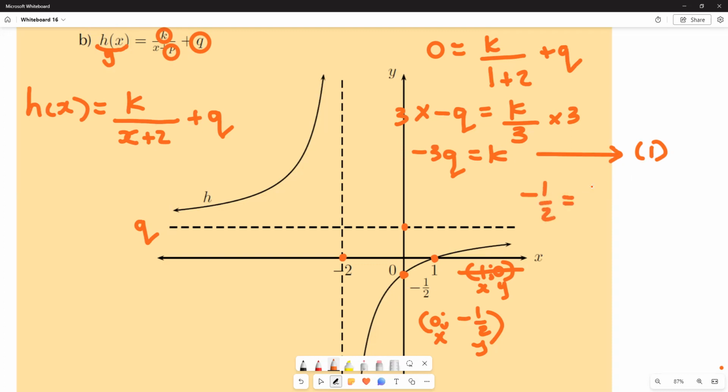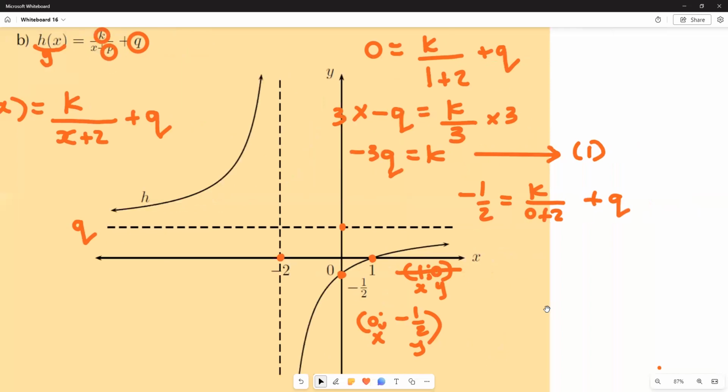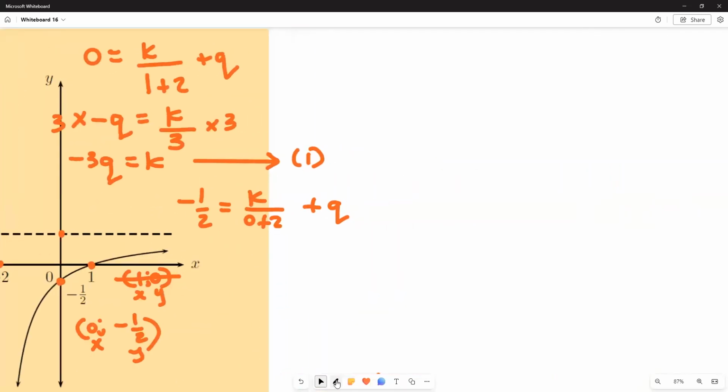And then you have K all over, the X is 0 now, so you have 0 plus 2, and then you have plus Q. Let's move this side so that you can see properly. Let's simplify this guy here. So it's -1/2 equals K over 2 plus Q over 1.